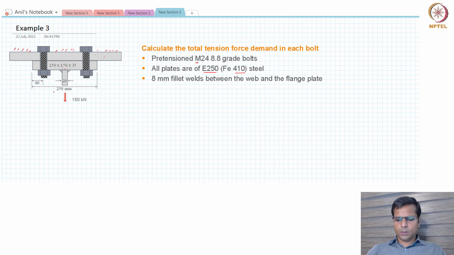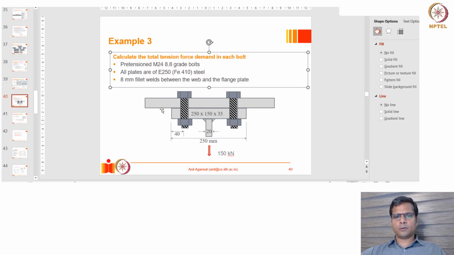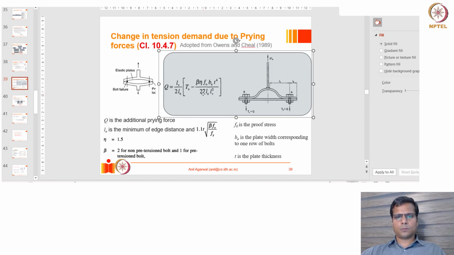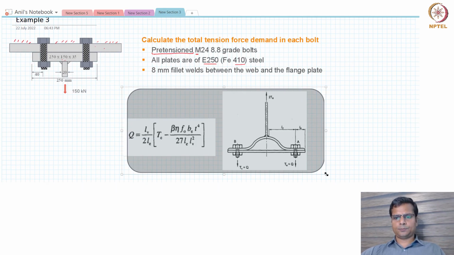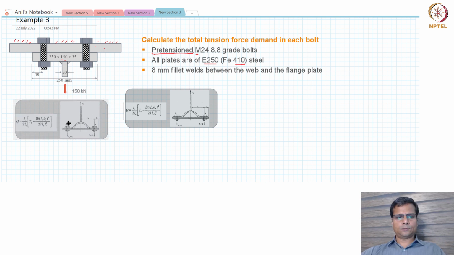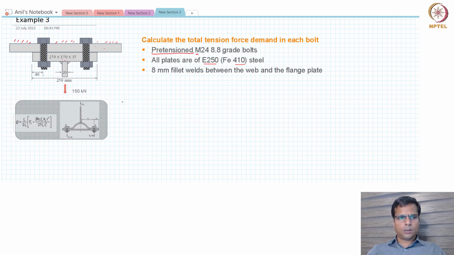Right? So, the bolt is given as a pre-tension bolt. So some of the factors in that equation will be affected by that. Now we remember, let me copy paste that formula for the capacity of the prying force. Now in this expression you might see Q is the additional force.